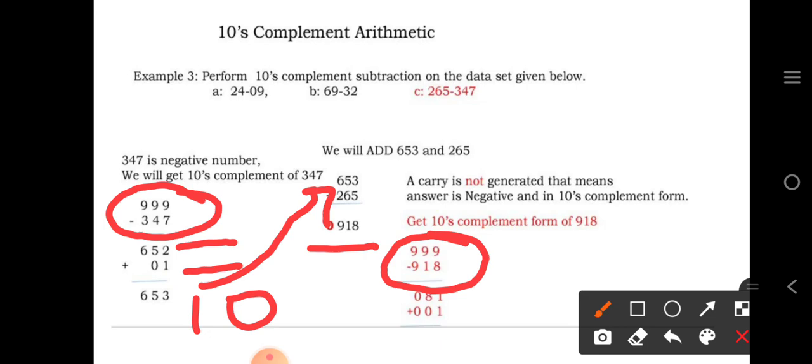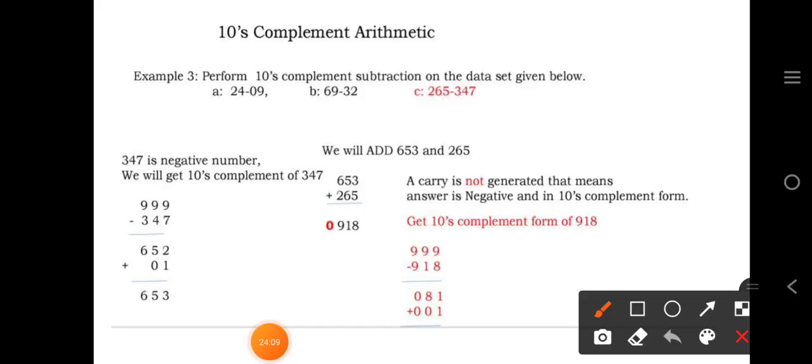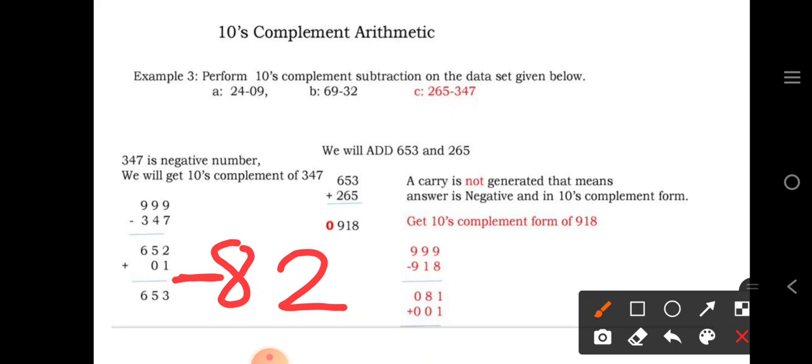We will get the answer 081. This is the 9's complement. Now to get the 10's complement, we add 1 to the 81. So 81 plus 1 is 82. So the final answer is 82 having a negative sign, which means it is minus 82.